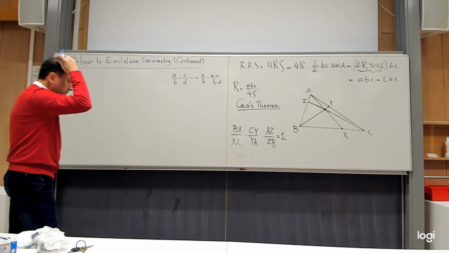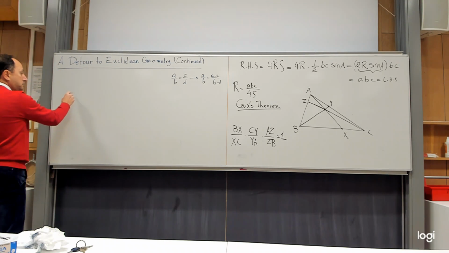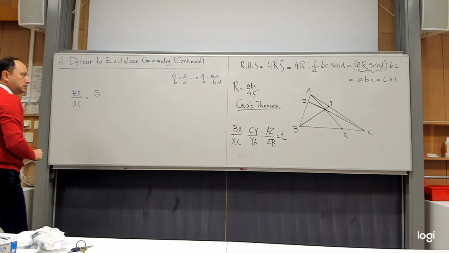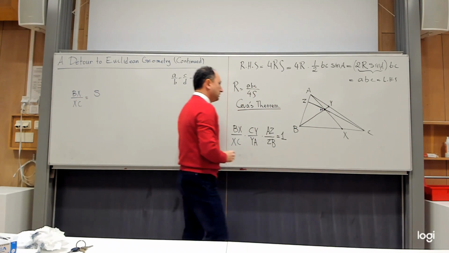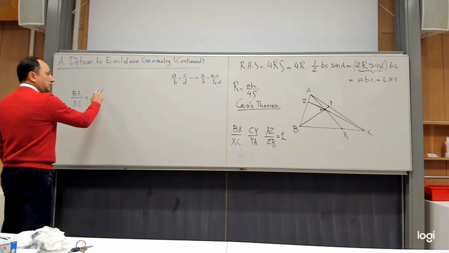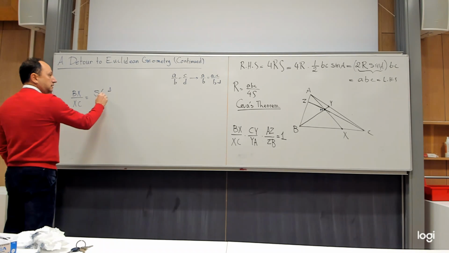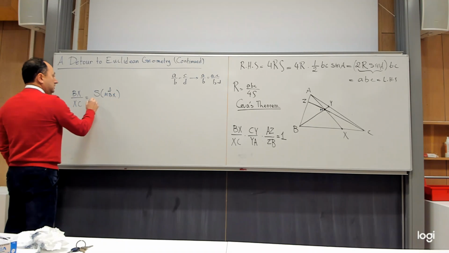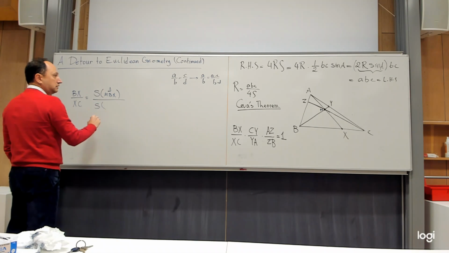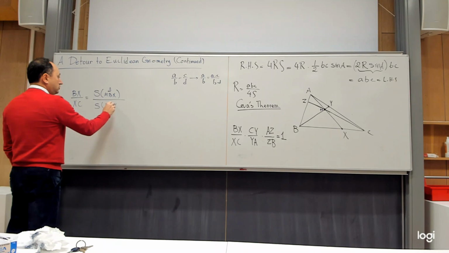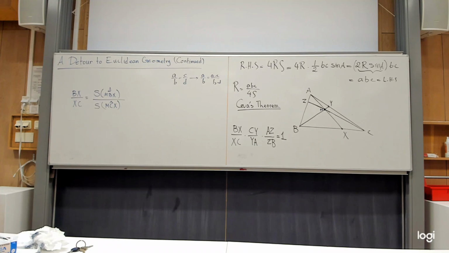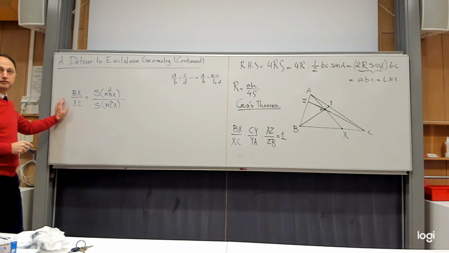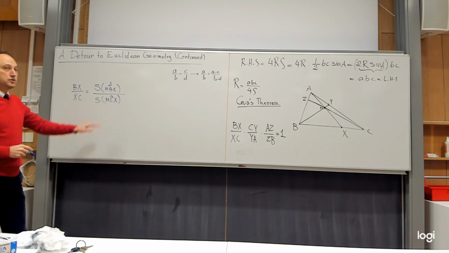For example, if I write BX over XC is equal to the area, let me give this a name, for example, let me call it M. If I write it as the area of the triangle MBX divided by the area of the triangle MCX, do you agree with me or not? These little pieces you should be able to discover and confirm. Do you agree that this is true?